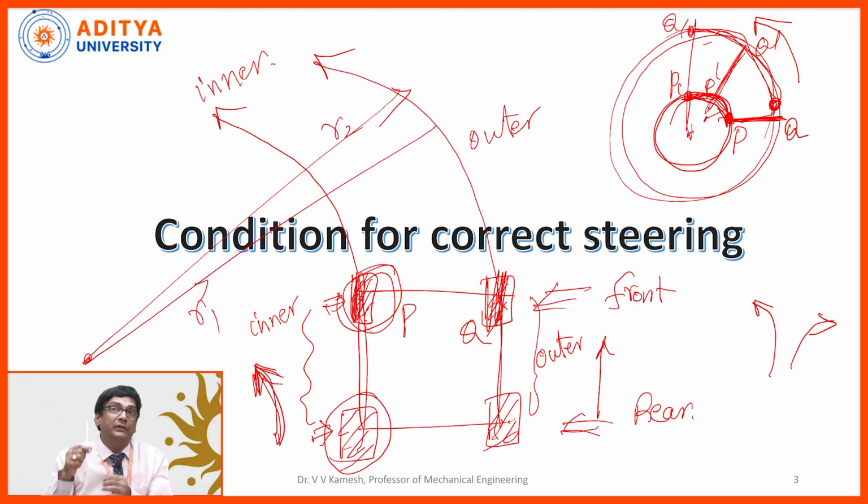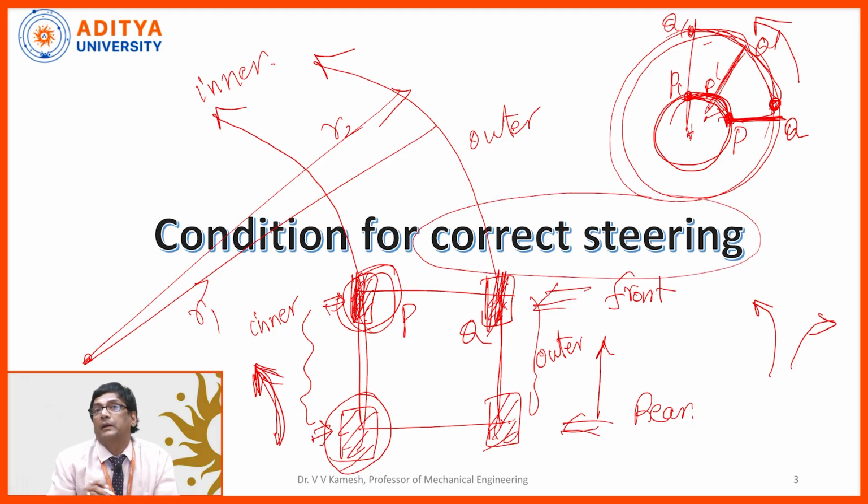So, this is the way we need to go for the steering gear mechanism. We need to arrange the links in such a way that P travels a lesser distance and Q travels more distance, so that the vehicle will be in the correct position.